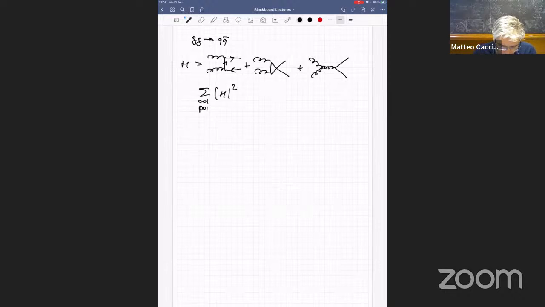And so somewhere in the matrix element squared, there will be the polarizations of the gluons. How do I write it? Let's write this as epsilon^mu star epsilon^nu star, where these represent the polarizations of the gluons.